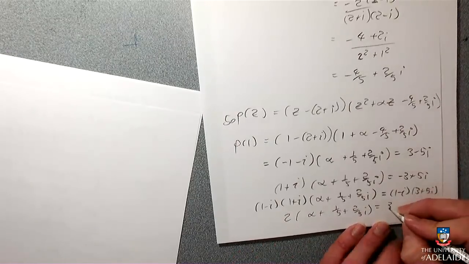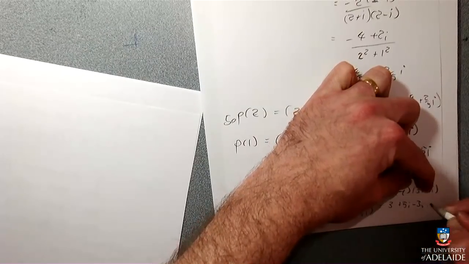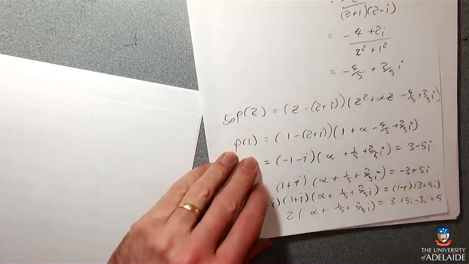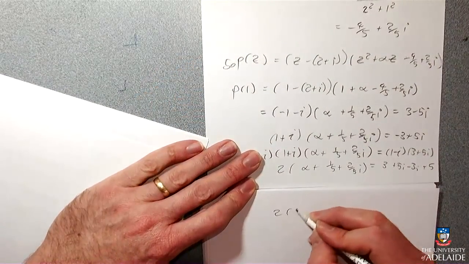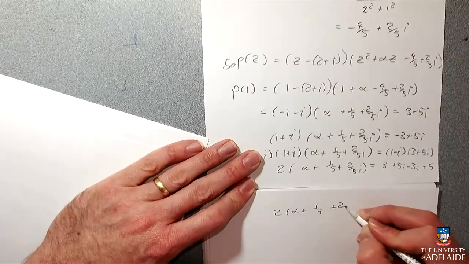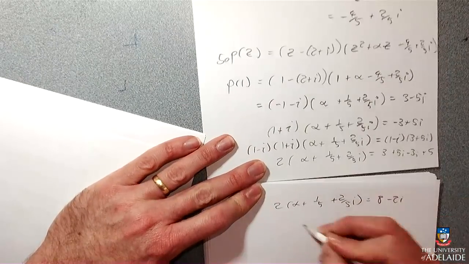So we get 3 plus 5i minus 3i plus 5. Oh, look at that.